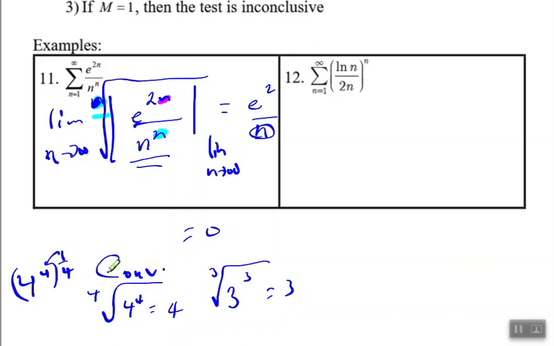And so that kind of cancels, so it becomes 4 to the power of 1, right? So that's using our rules for the nth root, which is obviously the same thing as whatever this thing is to the power of 1 over n. So you could think about it like that. And then that cancels. It's kind of the same thing with e to the 2n. So it's really e to the 2n to the power of 1 over n. So if you want to do it like that, you could.